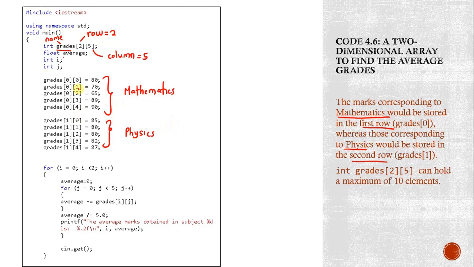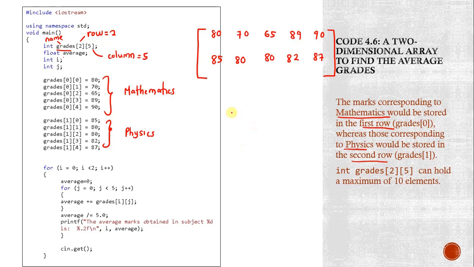Okay, so you start from declaring it, so the matrix looks like this. I have 80, 70, 65, 89, 90, and then I have 85, 80, 82, 87.